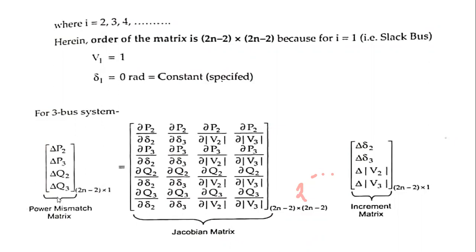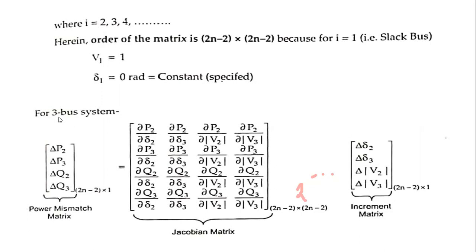This is the Jacobian matrix, multiplied by delta delta and delta V. The dimension for this Jacobian matrix is 2n minus 2 into 2n minus 2, where n is 3. 3 into 2 is 6, 6 minus 2 is 4. 4 into 4. The dimension for this matrix is 4 by 4.